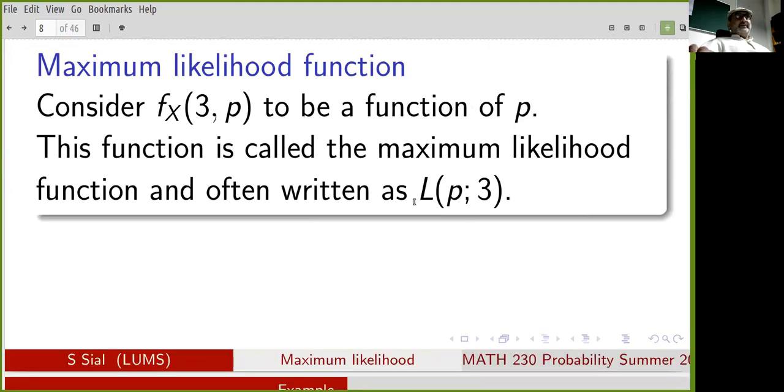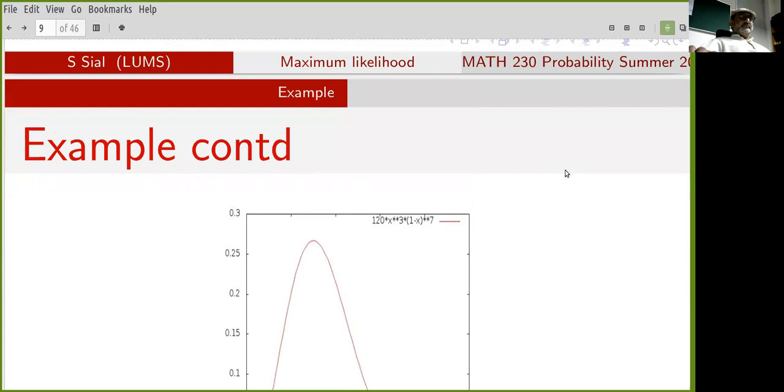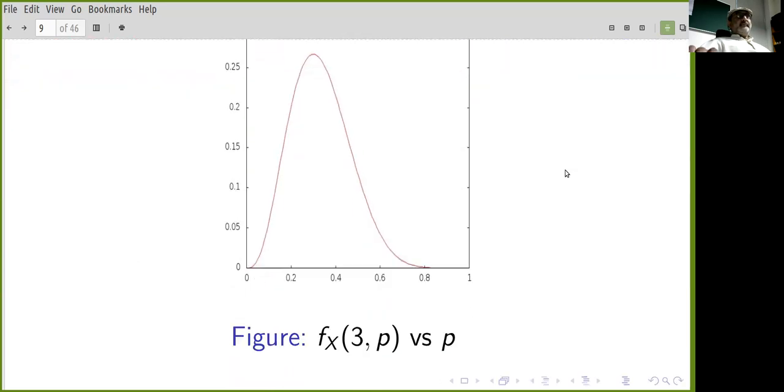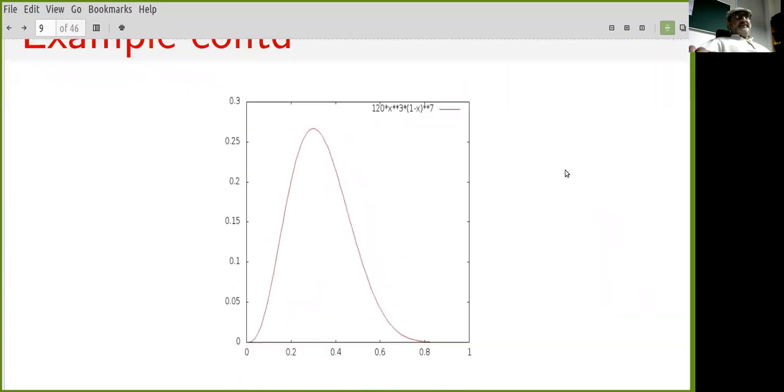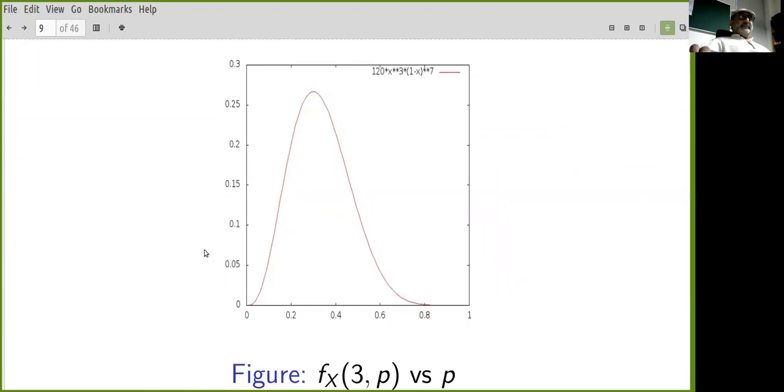We often write it as capital L of p semicolon 3. And for different p's, we can plot that function, with probability ranging from 0 to 1.